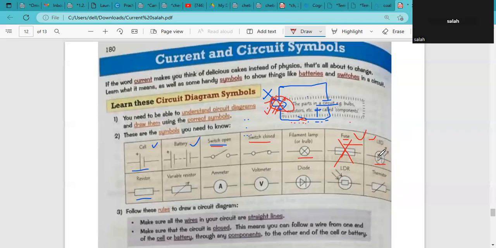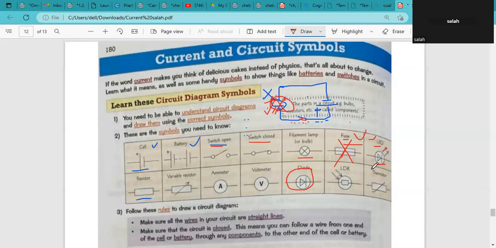This is a symbol of a diode. When there are two arrows on it, it means it is an LED, light emitting diode, which means when current flows through it, it will emit light. As you can understand from its name, light emitting diode.